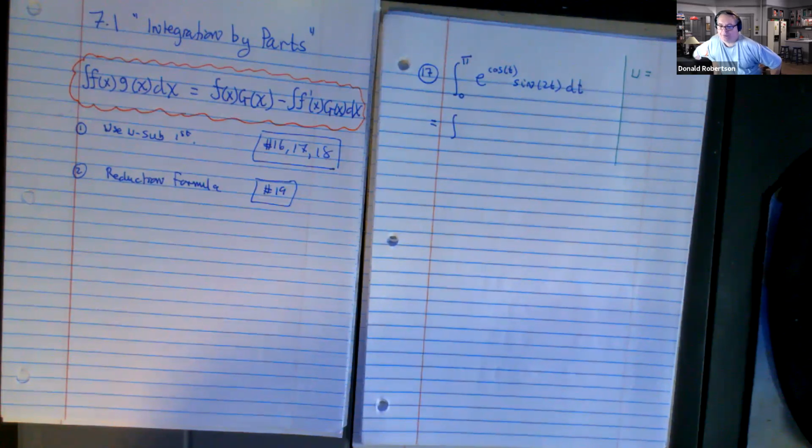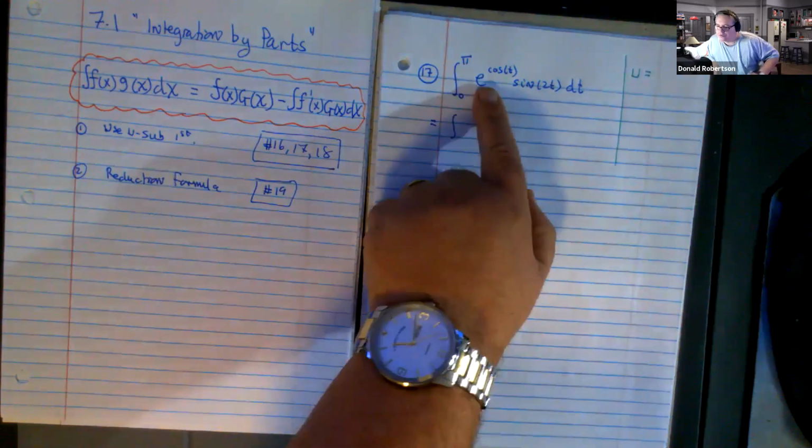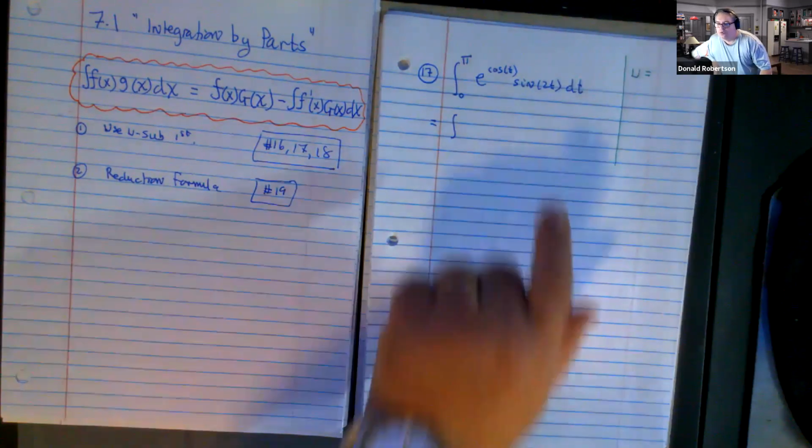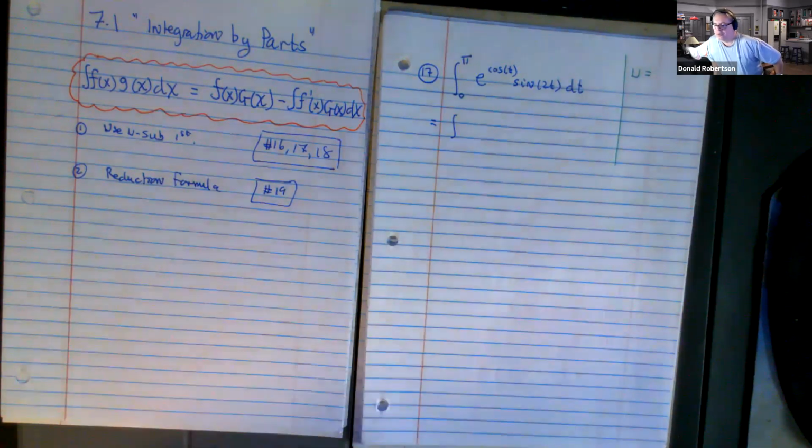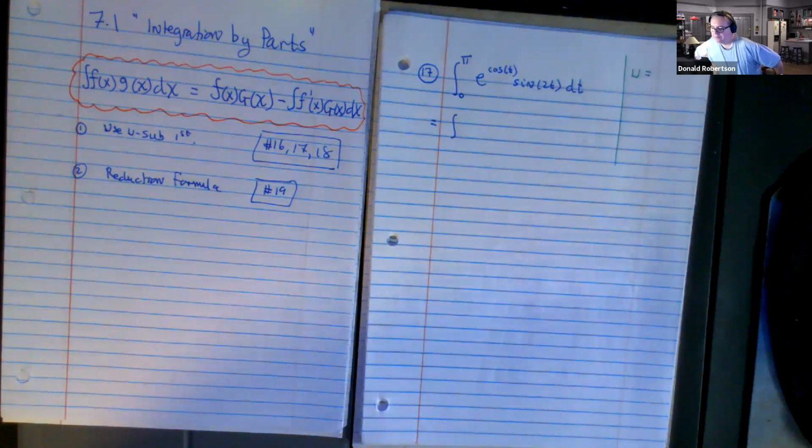If I asked you to pick a u sub right now, none of the u subs you're going to tell me will work. Let's say you tell me, oh, let's make cosine t the u sub. That seems reasonable, right? E to the ugly guy, cosine t. Won't sine 2t not play well with the cosine t? Doesn't cancel it. Won't cosine just turn into a negative sine?